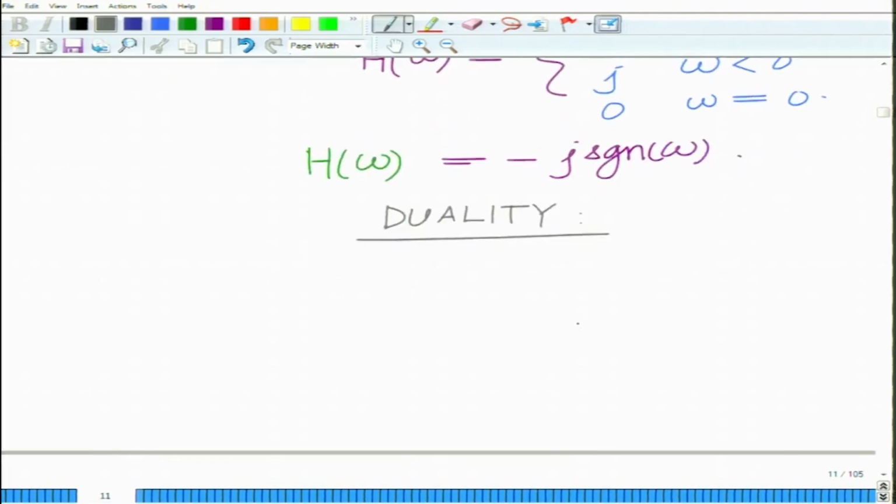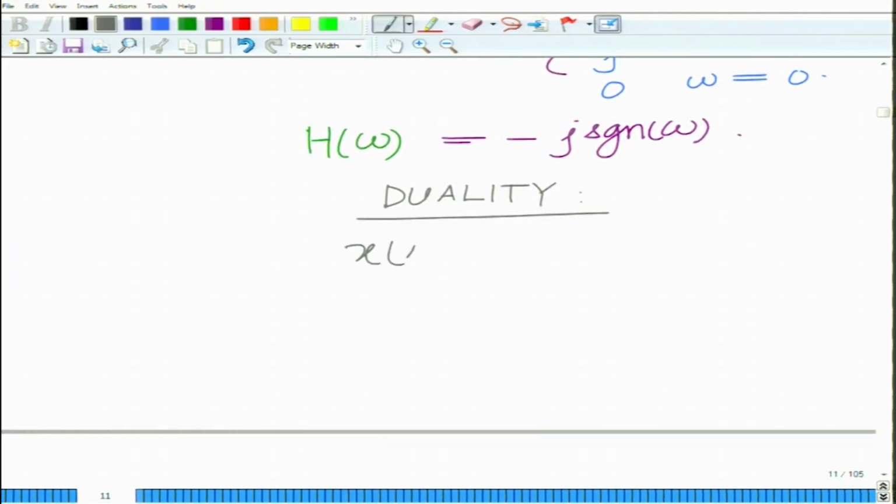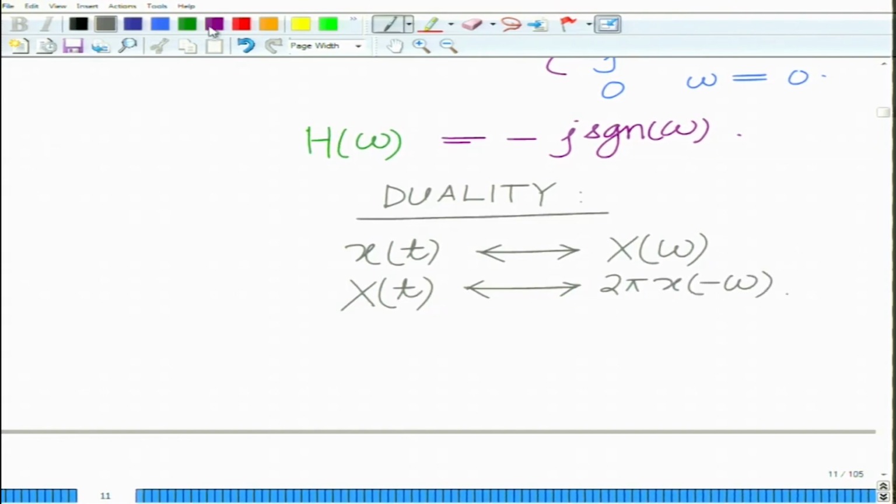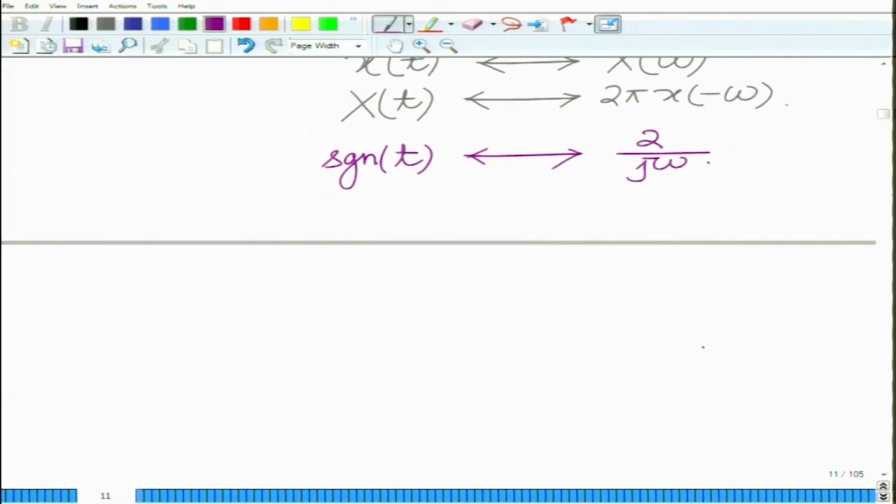Which states that if x of t has Fourier transform capital X of omega, then capital X of t has Fourier transform 2 pi x of minus omega. Now, we know that sgn of t has Fourier transform 2 over j omega, something that we have derived.